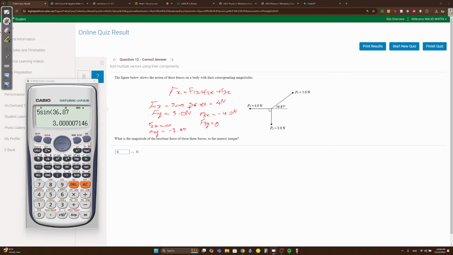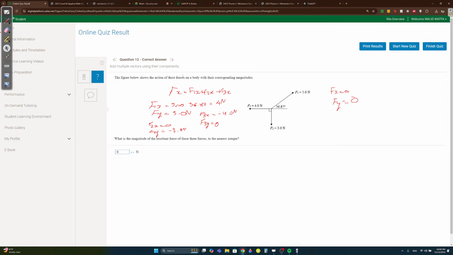So let's add up the x's and the y's. 4 newtons, that's f1x. f2x is 0, f3x is minus 4. You get 0, so fx is 0. fy is equal to the sum of all the y's: 3 minus 3 plus 0, so of course it will be 0. So if you do radical 0 squared plus 0 squared, what will you get? 0.